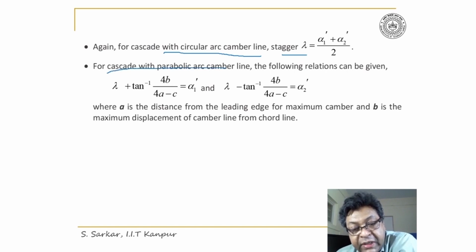For a cascade with parabolic arc profile, we can express lambda as: lambda plus tan inverse 4b divided by 4a minus c is equal to alpha 1 dash, and lambda minus tan inverse 4b divided by 4a minus c is equal to alpha 2 dash, where a is the distance from the leading edge for maximum camber and b is the maximum displacement of camber line from the chord line. A and b I had already defined.